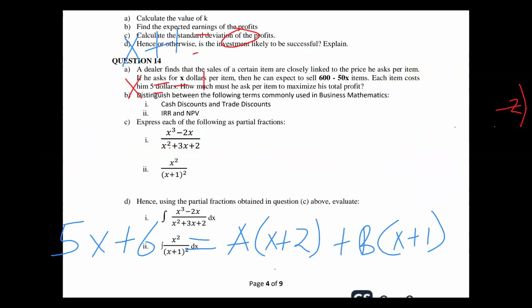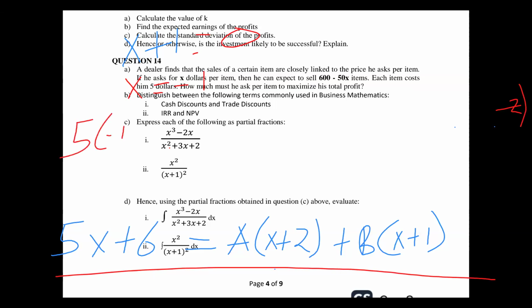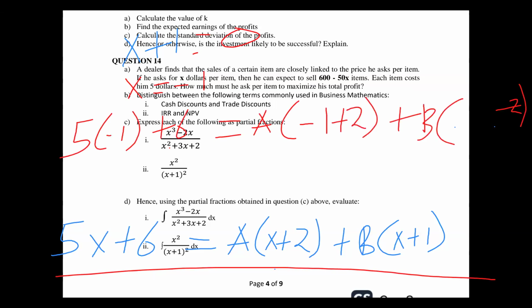And so in this entire function, wherever there is x, we substitute -1. So you shall have 5 multiplied by -1 plus 6 is equal to A times -1 plus 2, plus B times -1 plus 1. And we know that this part will give us 0, right? -1 plus 1 is just 0. 0 times B will be 0.